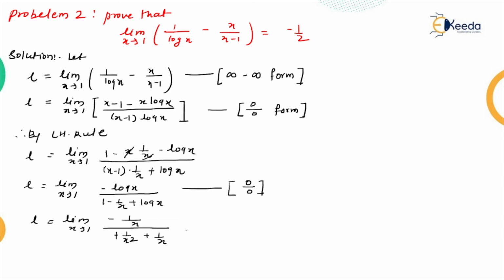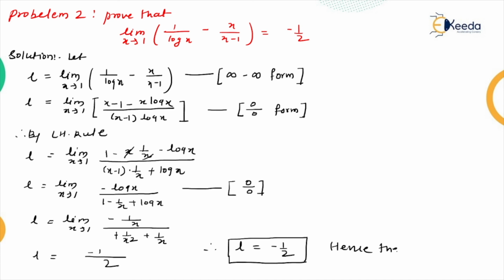Now we are able to apply the limits directly. The numerator becomes minus 1, divided by the denominator 1 plus 1, that is 2. So your final answer L is equal to minus 1 divided by 2. The RHS is minus 1 by 2, and LHS is also minus 1 by 2, and hence the proof.